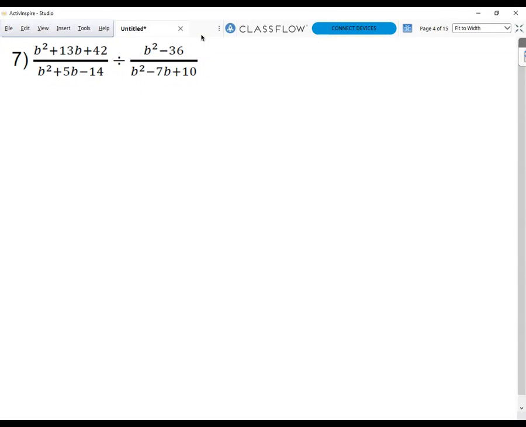So step 1, invert. b squared plus 13b plus 42 over b squared plus 5b minus 14. I'm going to change my division to multiplication and flip or invert the second fraction.